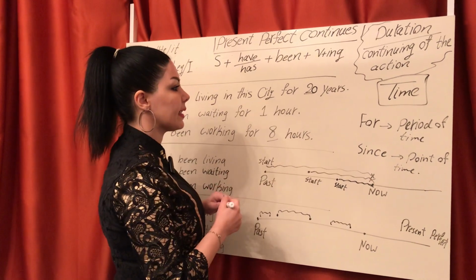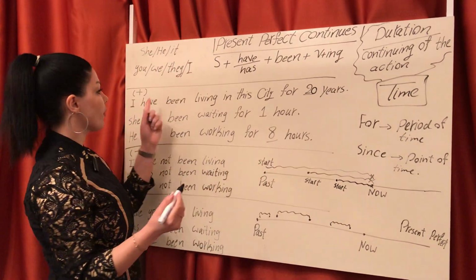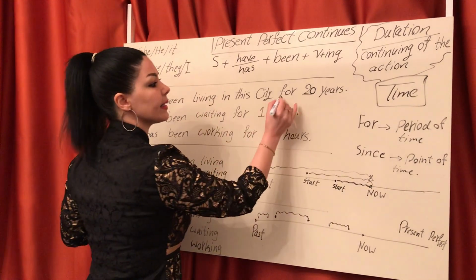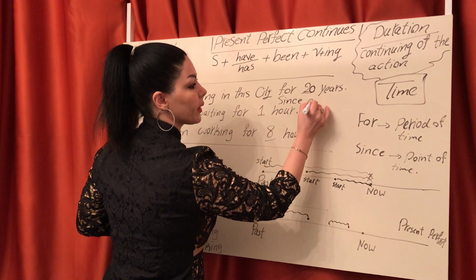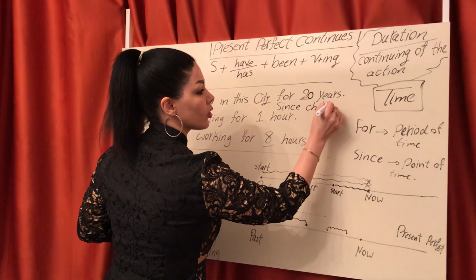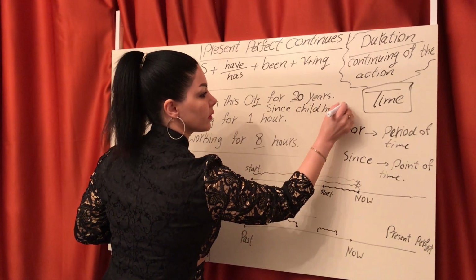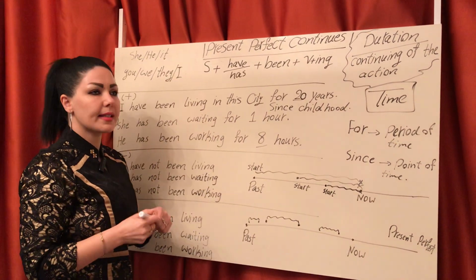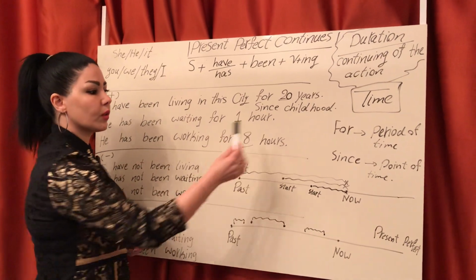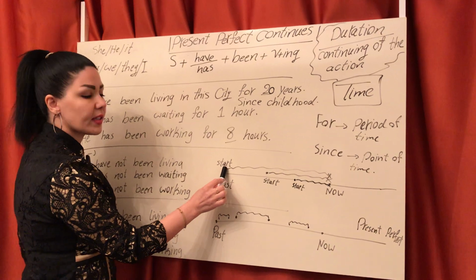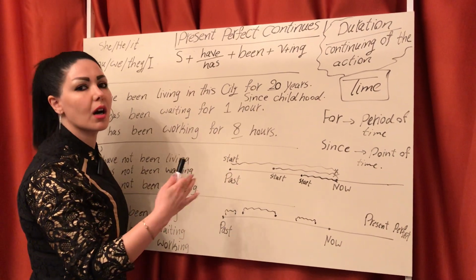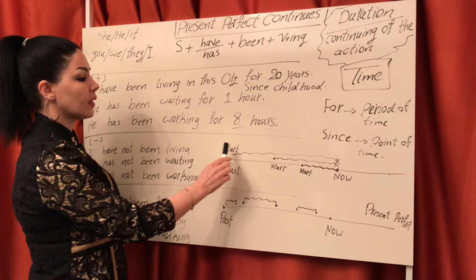But about since, I said that I have been living in this city since, for example, childhood. Since childhood. When we use since, we use the first time when we started this action.